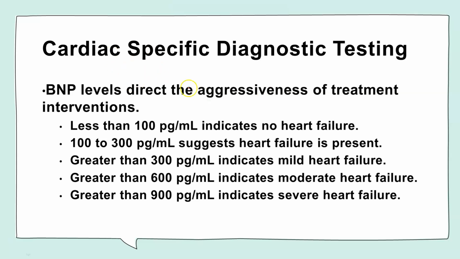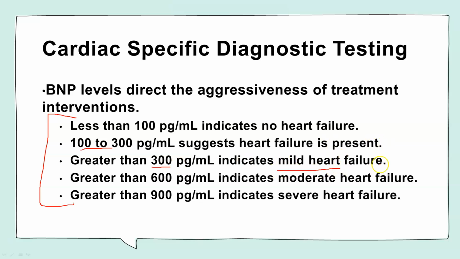So this is what you would see as far as values for the BNP. We said less than 100 is going to be our normal. If you have 100 to 300, you may have some signs and symptoms of heart failure. Greater than 300 to 600, you have mild heart failure.